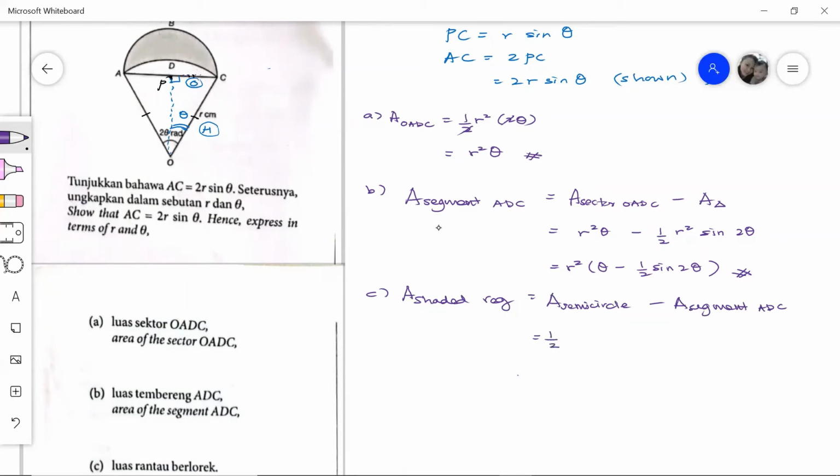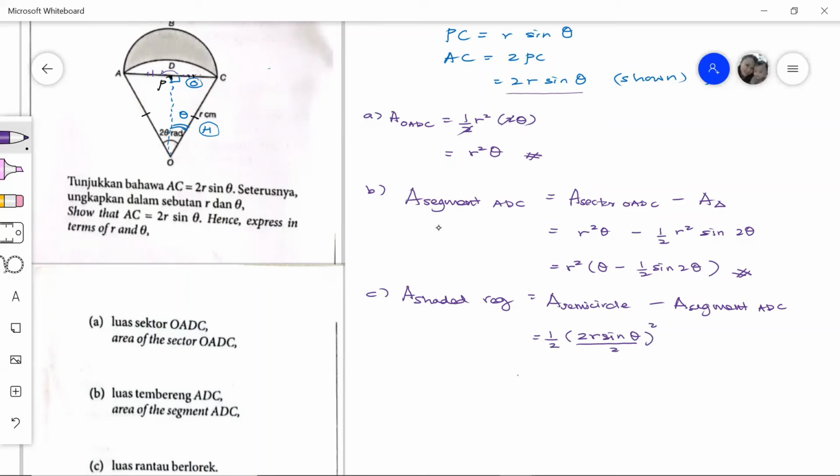Now the theta is pi, but the R basically is half of our AC, isn't it? We already found the AC. So half of the AC, yeah? So we take 2R sine theta divided by 2, and then we have to square this, okay?